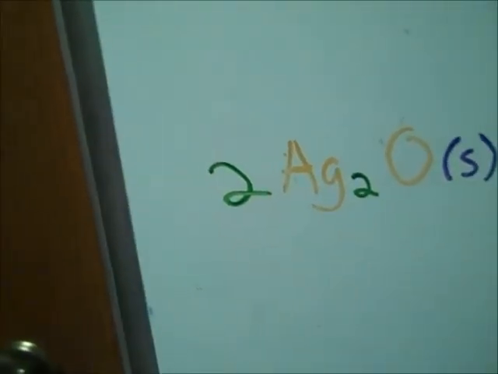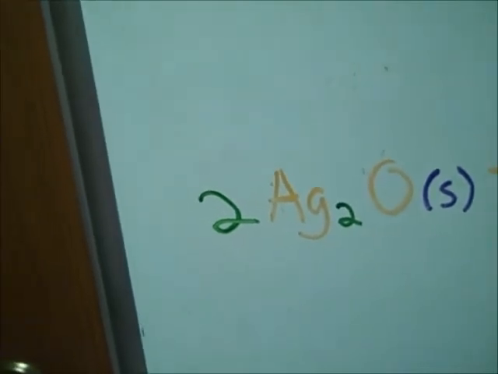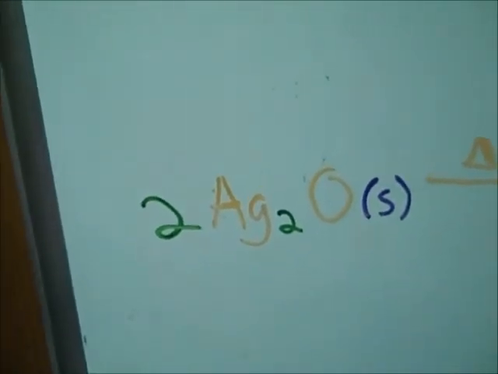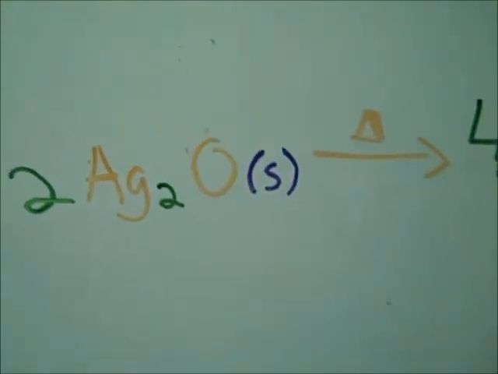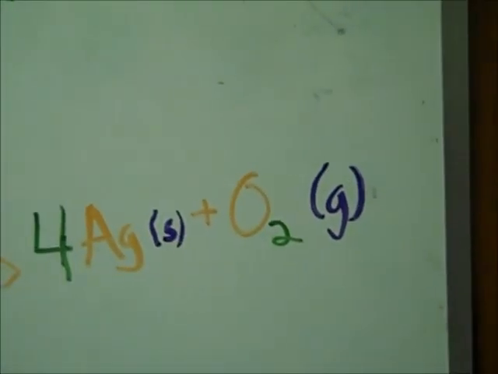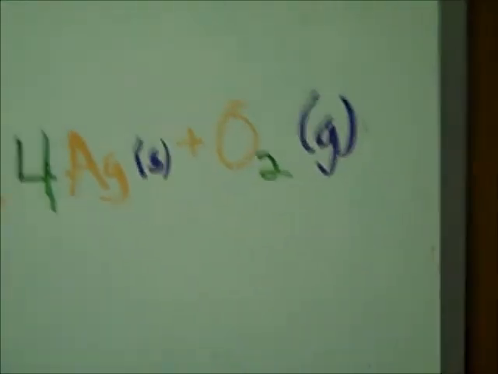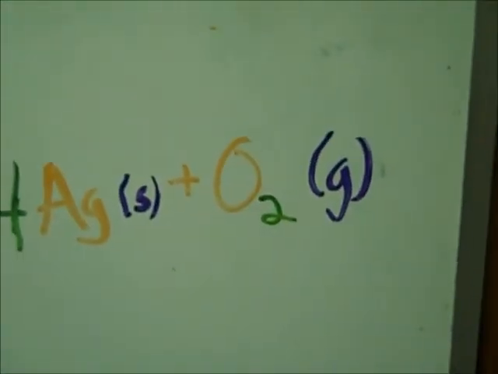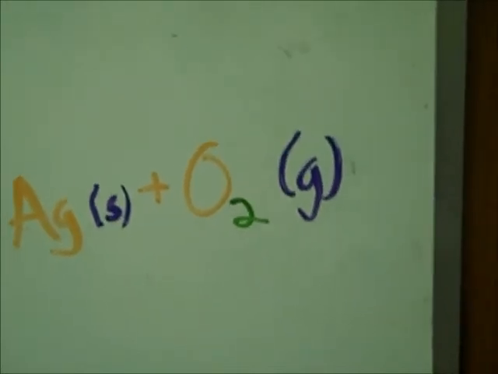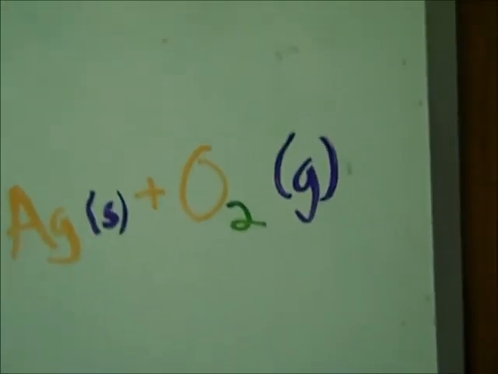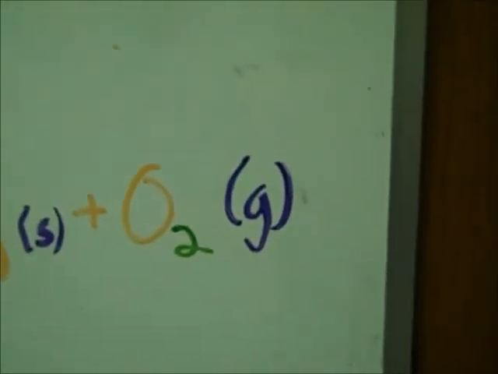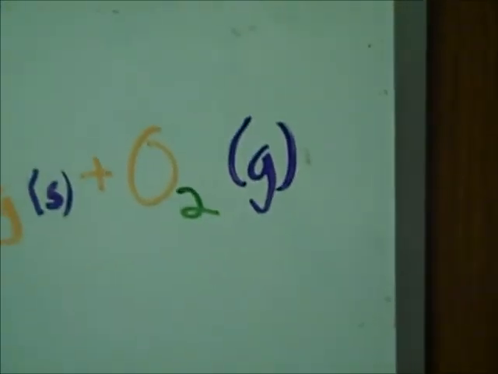And the 2 that doubles silver and oxygen on this side relate back to the reactant side because there are 2 oxygen molecules when oxygen is by itself because it's diatomic. And the G signifies that it's a gas.